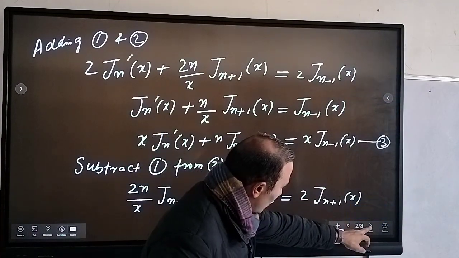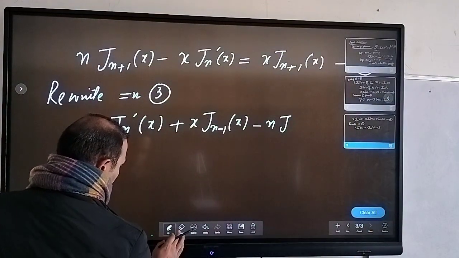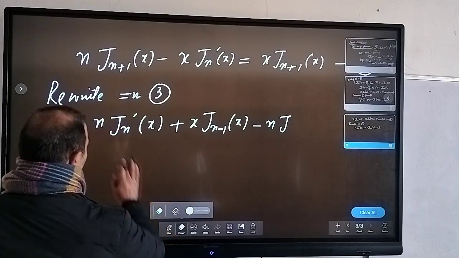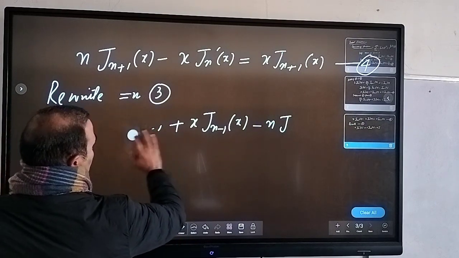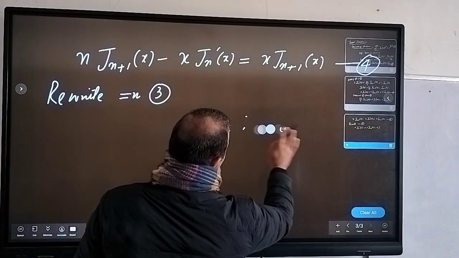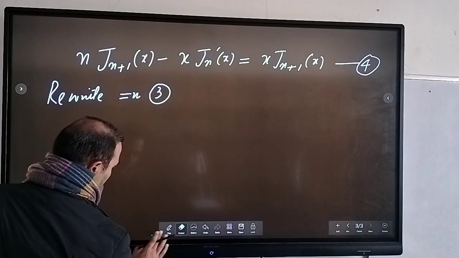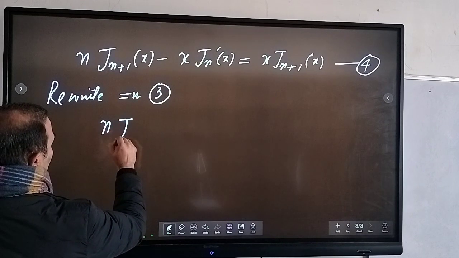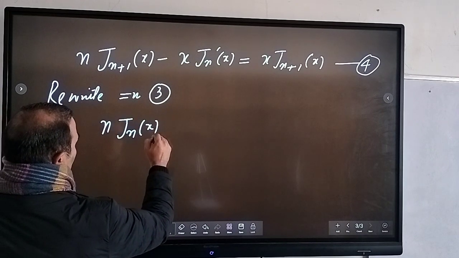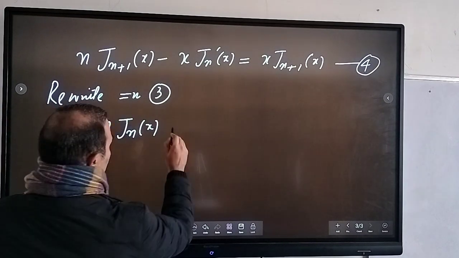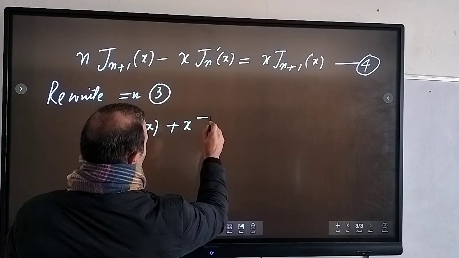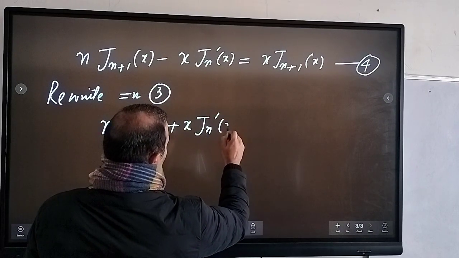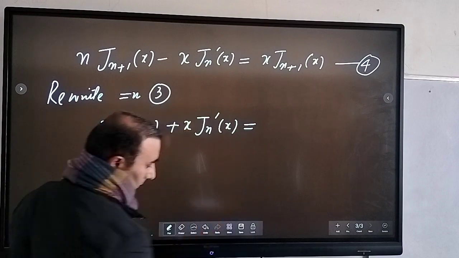Let us rewrite that, because I made a mistake somewhere. So our relation is m jn of x, that's equal to plus x.